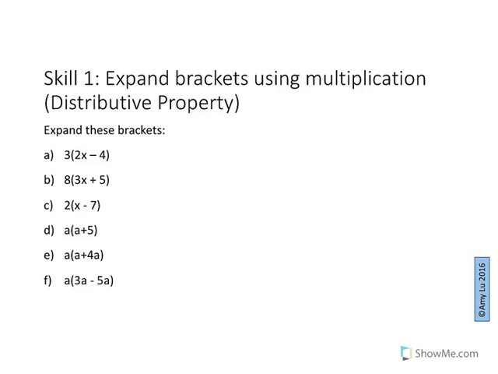Let's look at A. In A, we see a 3 outside, and we have a set of brackets. Within the brackets, we have 2x minus 4. Anytime you have something within the brackets, if there's a number right in front of it, it automatically means that there's something going on with multiplication.